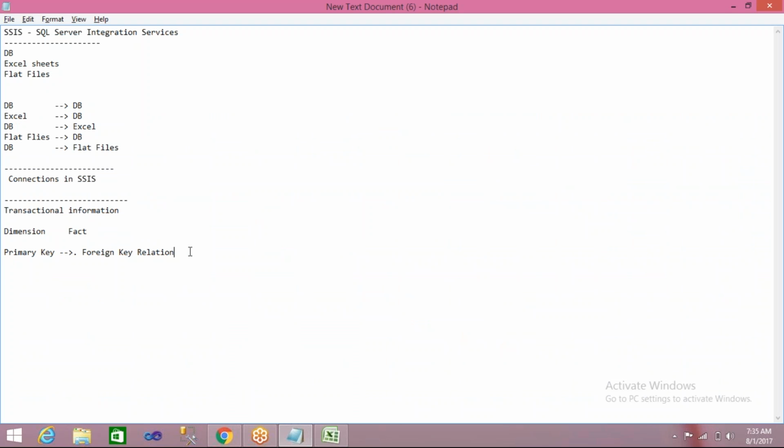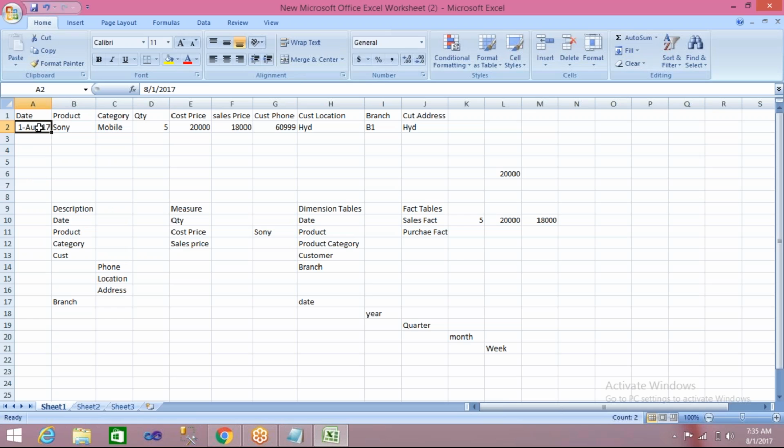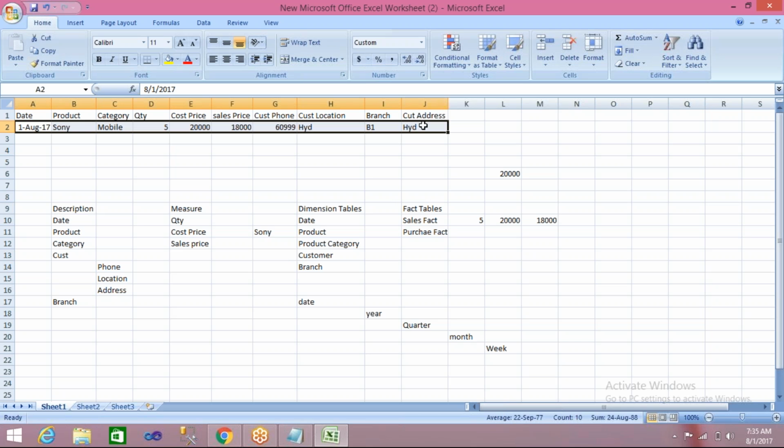So in SSIS, what we are going to discuss here is how we load the data. Let us say you are getting this transaction information, and your manager or architect asks you to prepare a product table and tells you what information to take from this. For each and every table we will use this transaction information only.